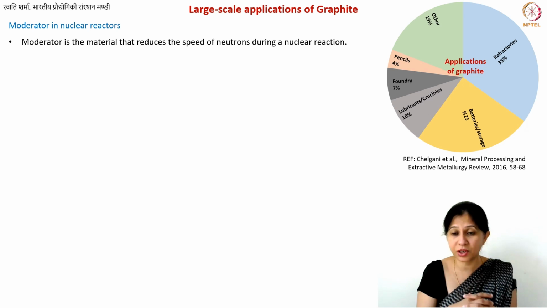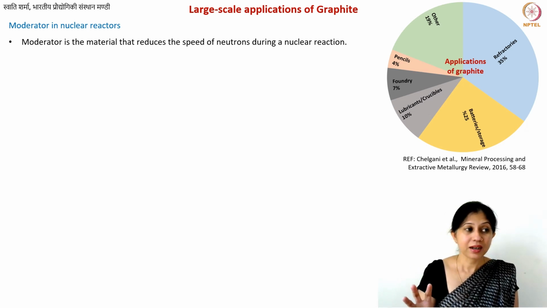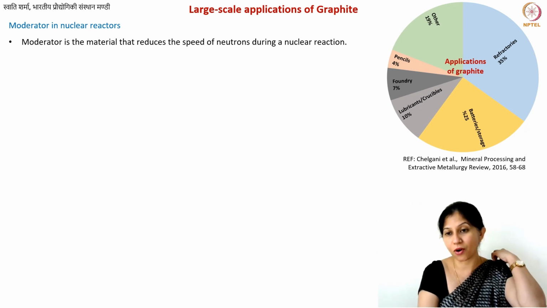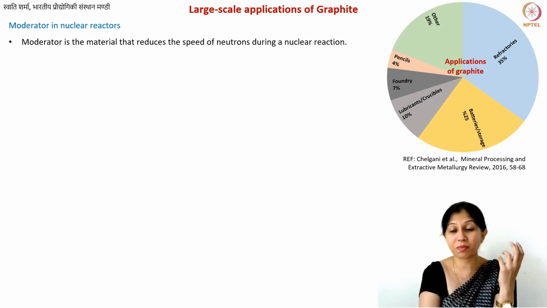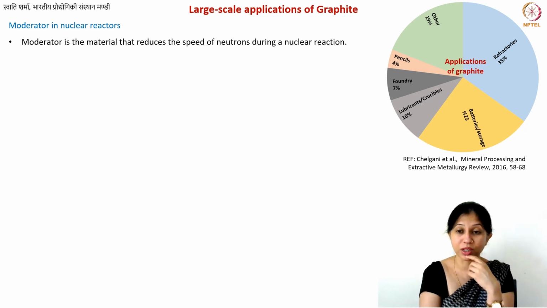Graphite is used because it's a small atom. Graphite serves as a good moderator material, and that was one of the first very large-scale applications of graphite. But it was a very large scale, where you needed hundreds of kilograms of graphite, and that graphite could not be reused afterwards, because so many neutrons were hitting it that it was not usable anymore.